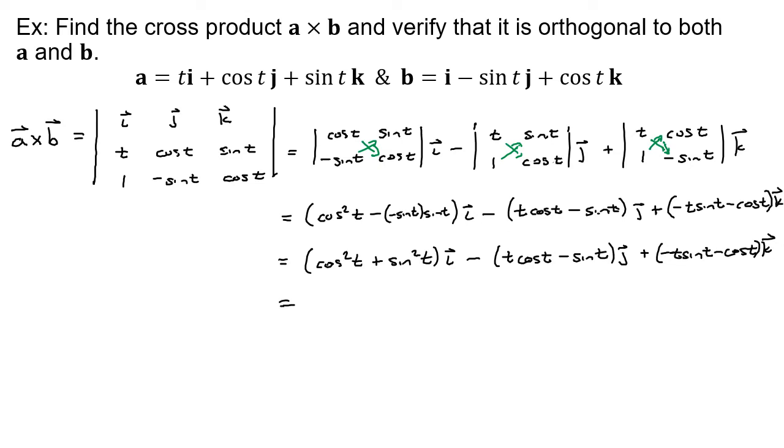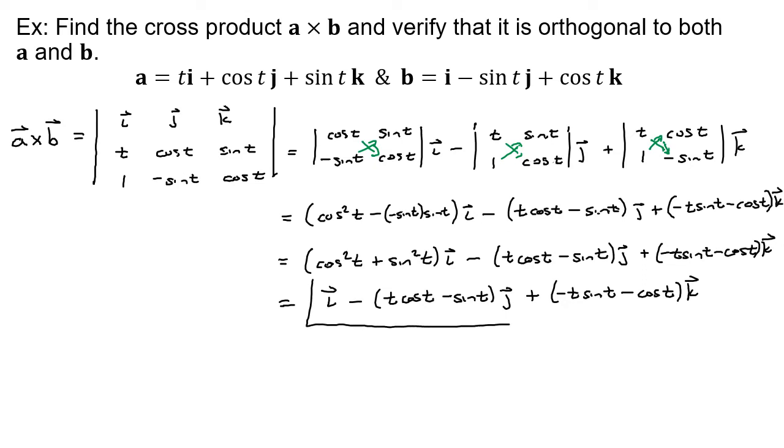So this part will just be i minus t cosine t minus sine t times j plus a negative t sine t minus cosine t times k. So that doesn't come out nearly as good as, for instance, the other one we looked at just a while ago. And that's okay. But this is your cross product.